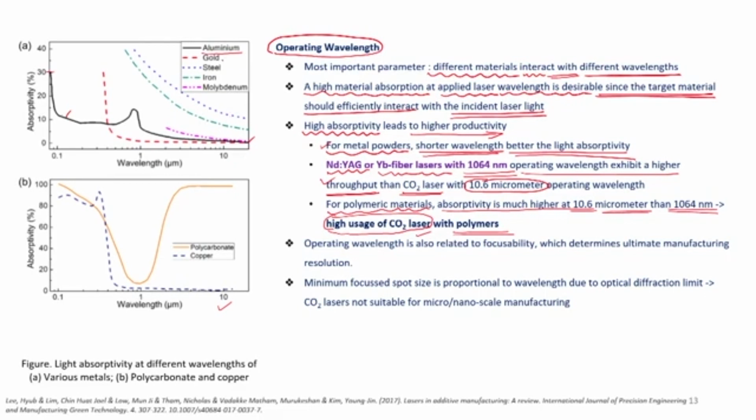For other materials such as gold, steel, iron and molybdenum, the curves are there in front of you. So, based upon these curves you can choose the laser for the particular operation. Here you just notice the absorptivity. For gold it is starting from about 30 percentage at about 0.4 micron wavelength.